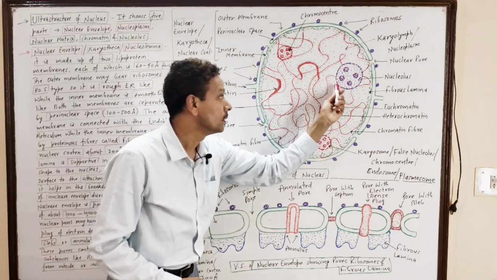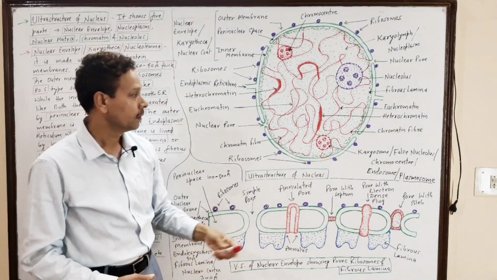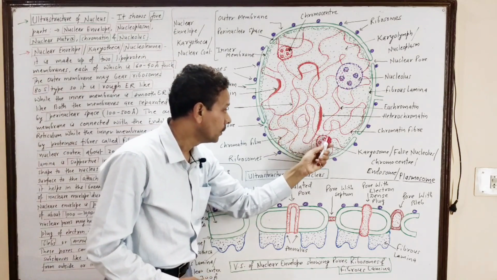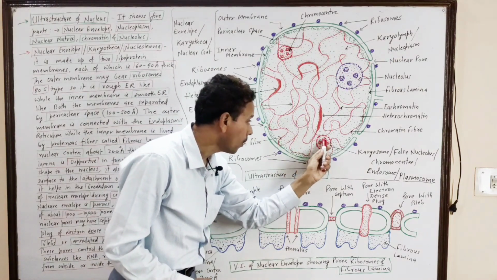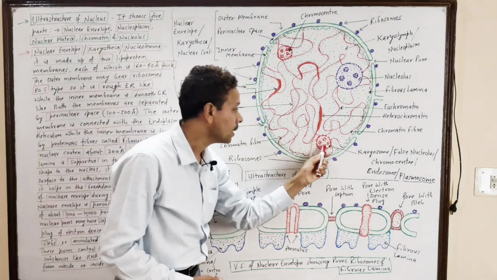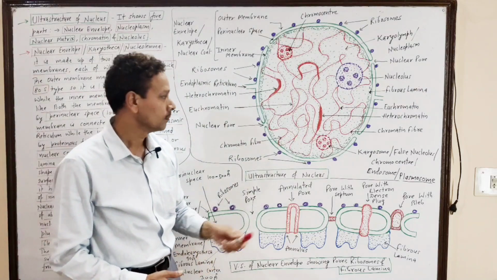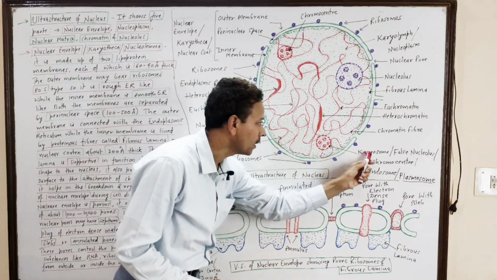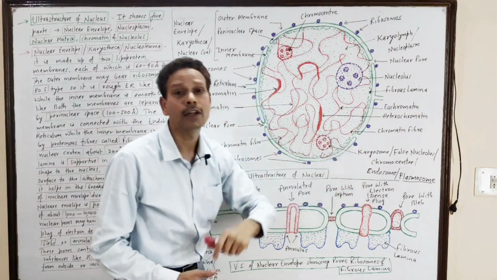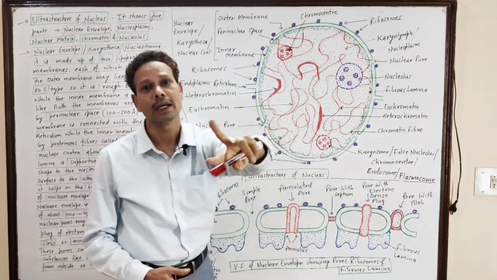In this nucleus, this small rounded structure is the nucleolus, and this small globular structure, these are smaller as compared to the nucleolus. These small structures are called karyosomes, or these are named false nucleolus.